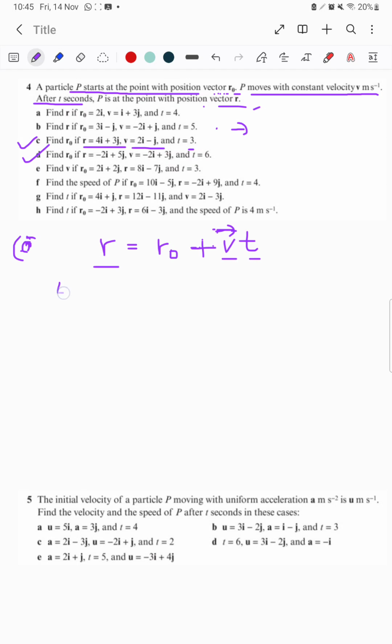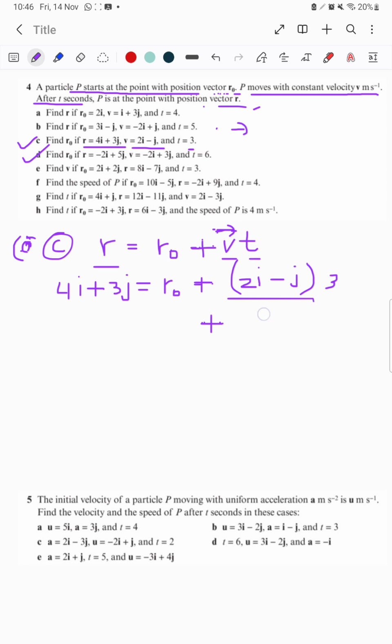So r is 4i plus 3j, r0 we don't know, plus velocity is given as 2i minus j, times 3. This is question C. Here you can multiply this velocity vector by the time, so it will be 6i minus 3j, and here it is 4i plus 3j is equal to r0 plus that.